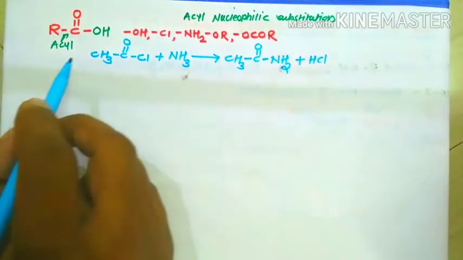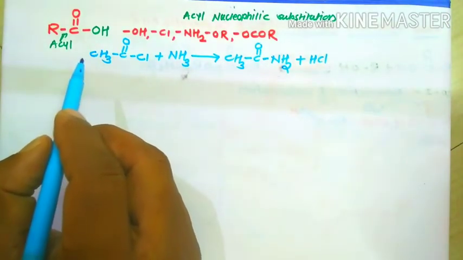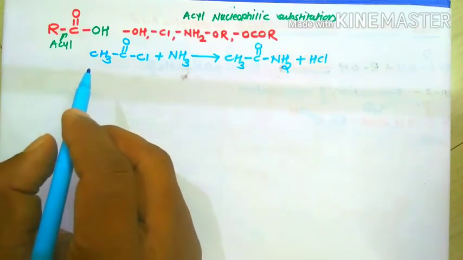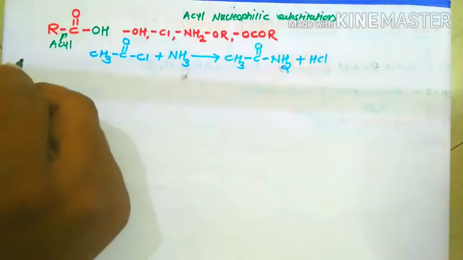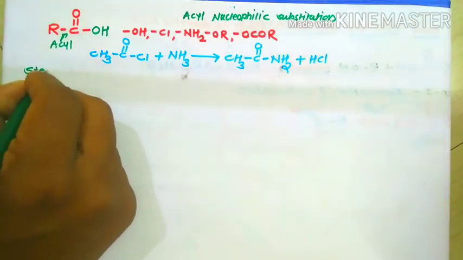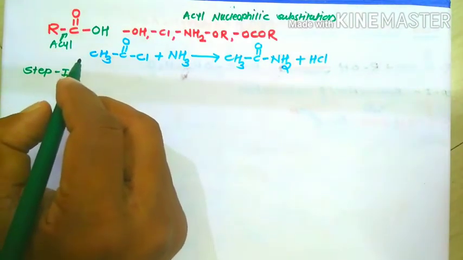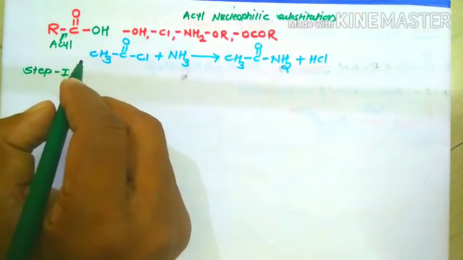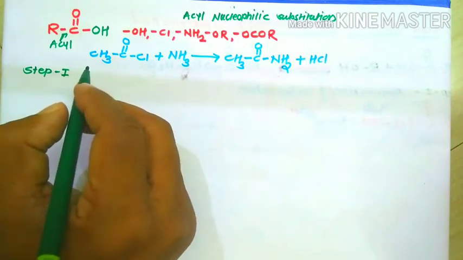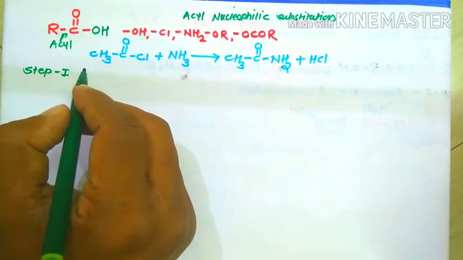This reaction proceeds through two steps. In step first, there is nucleophilic addition to the carbonyl group of the acyl compound. The nucleophile attacks the carbonyl group of the acyl compound to form a tetrahedral intermediate known as oxyanion, formed through a transition state.